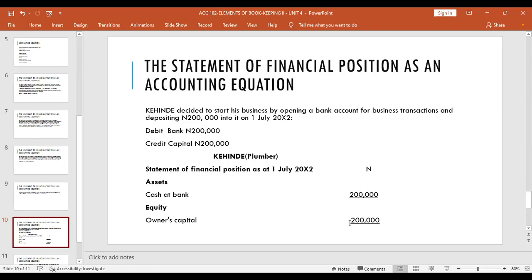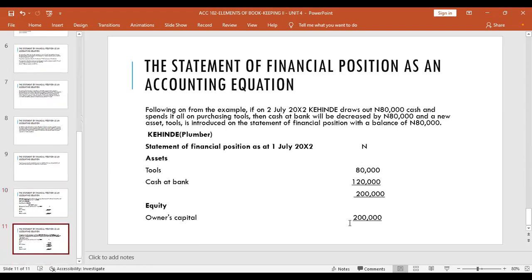All right. Then something happened on July 2nd. Kendi draws out 80,000 cash and spends it all on purchasing tools. So we have withdrawn 80,000 from the bank, which means the bank account has reduced from 200,000 to 120,000.